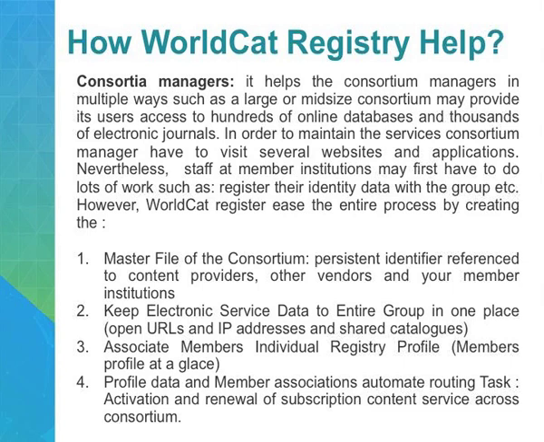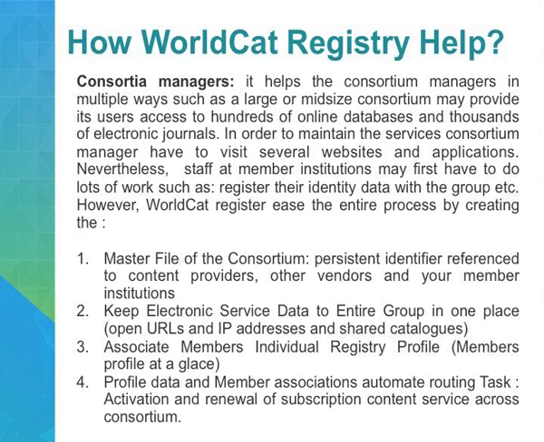So, this is one thing the registry does, and that is how it helps in maintaining the workflow and the entire ecosystem of accessing information. Apart from that, it also keeps electronic service data for the entire group in one place, including OpenURL, IP addresses and the shared catalog. It also maintains the record of associate members, with an individual registry profile, which has a member profile at a glance and lots of other details related to members and associate members.